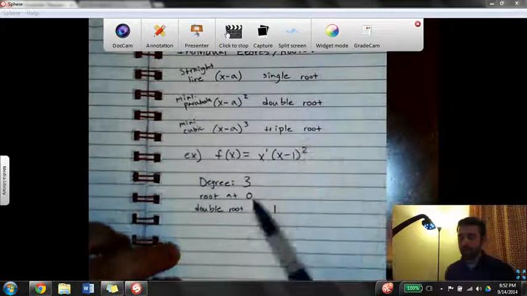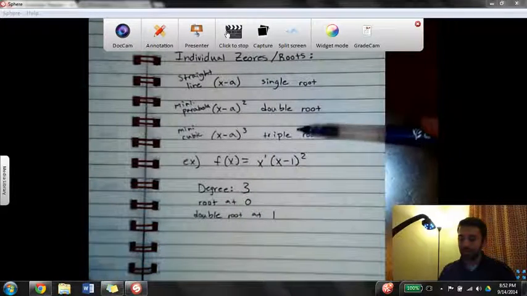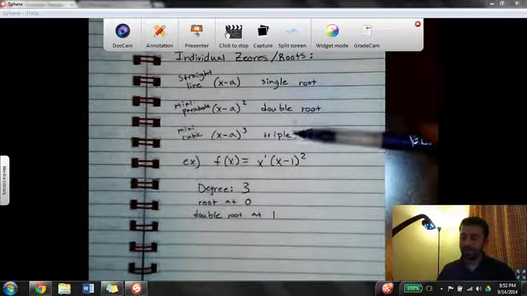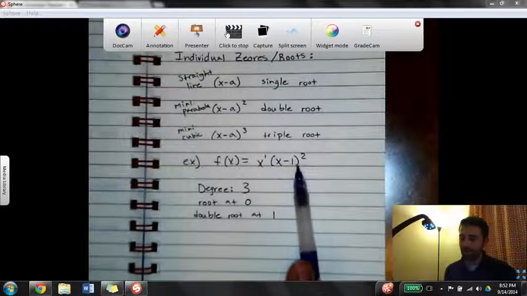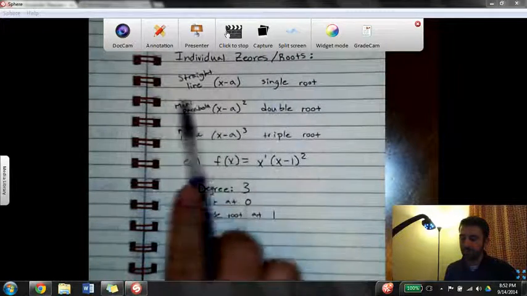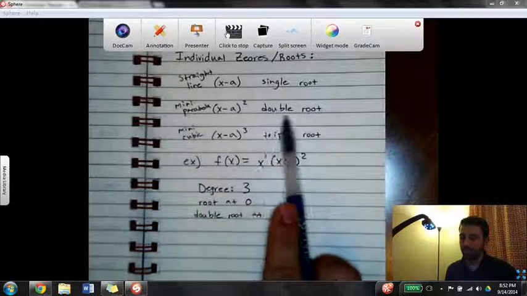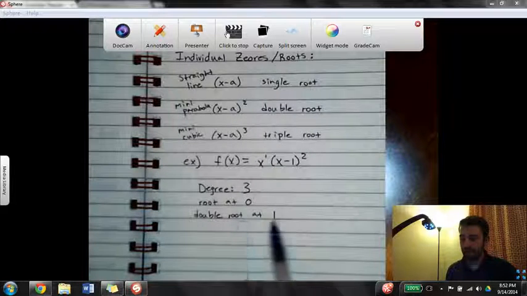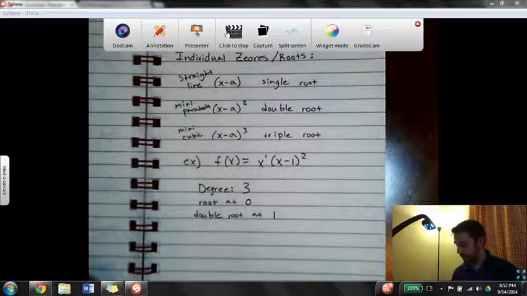And once again, I established this by using these rules we established up here. Since x minus 1 squared fell into this form, it gives us a double root, meaning we will have a mini parabola touching on the x-axis at 1.